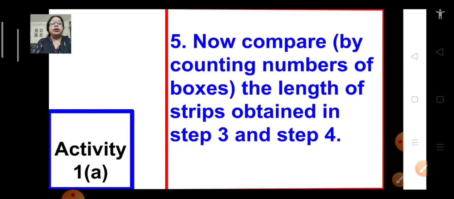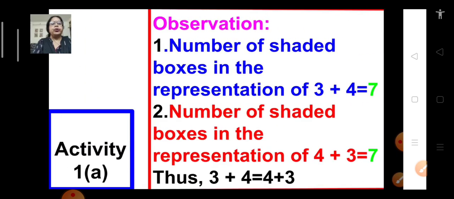Now you have to write point 5: compare, by counting the number of boxes, the length of the strips obtained in step 3 and step 4. You have to compare the length of the strips as explained in the activity that we obtained during step 3 and step 4.